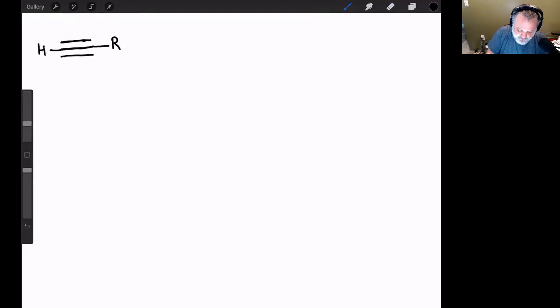So if I take an alkyne and I react it with one equivalent of HX, then I'm going to get essentially the same thing going on here.